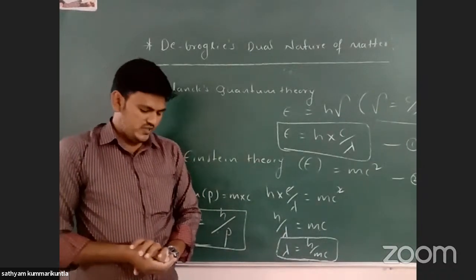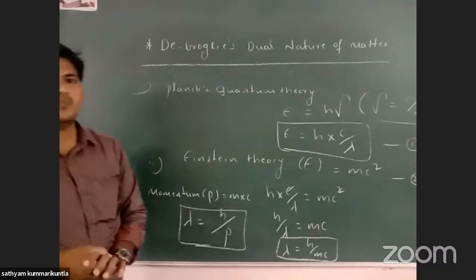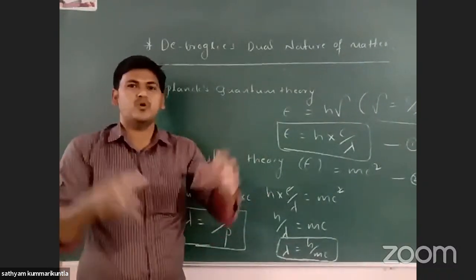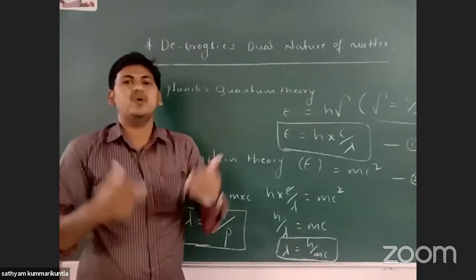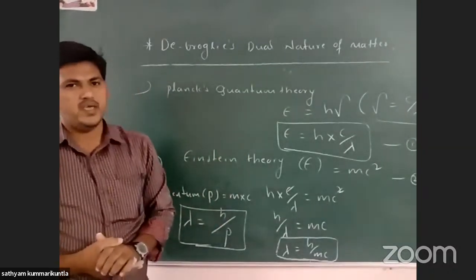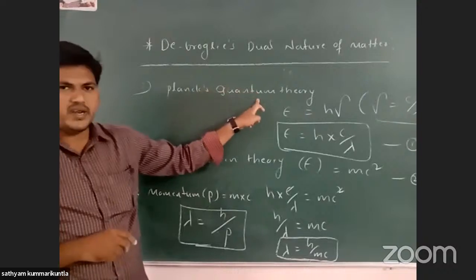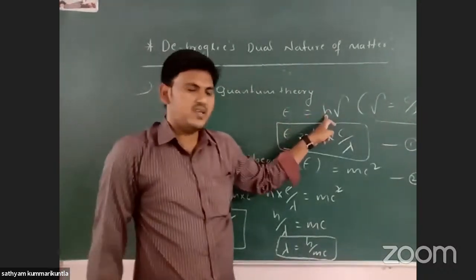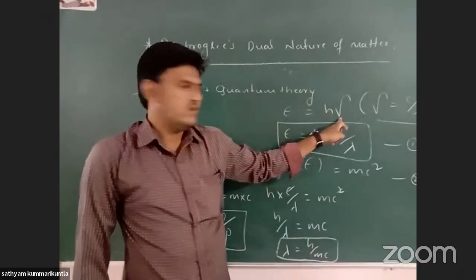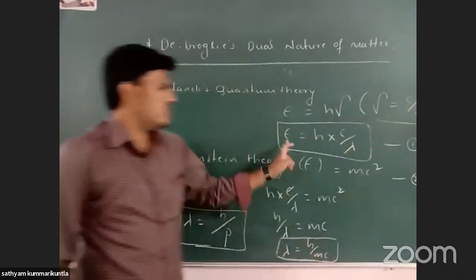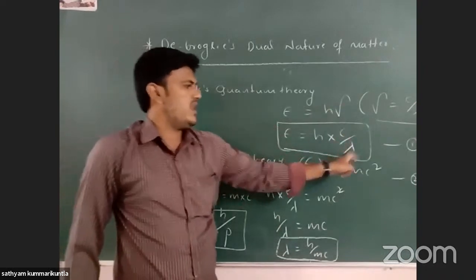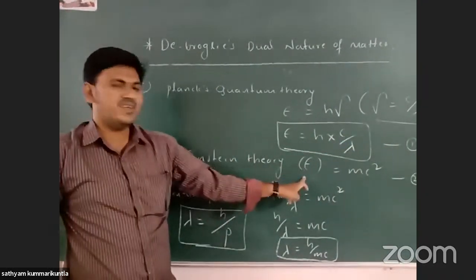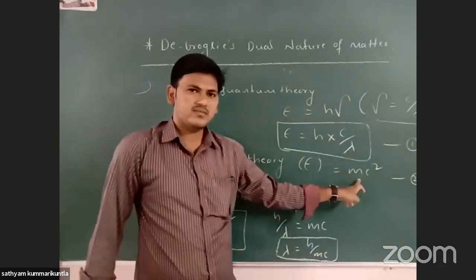De Broglie proposed that the electron exhibits both particle nature and wave nature. According to Planck's quantum theory, total energy E is equal to h nu, where h is Planck's constant and nu is c by lambda. So E is equal to h into c by lambda. According to Einstein's theory, E is equal to mc square.